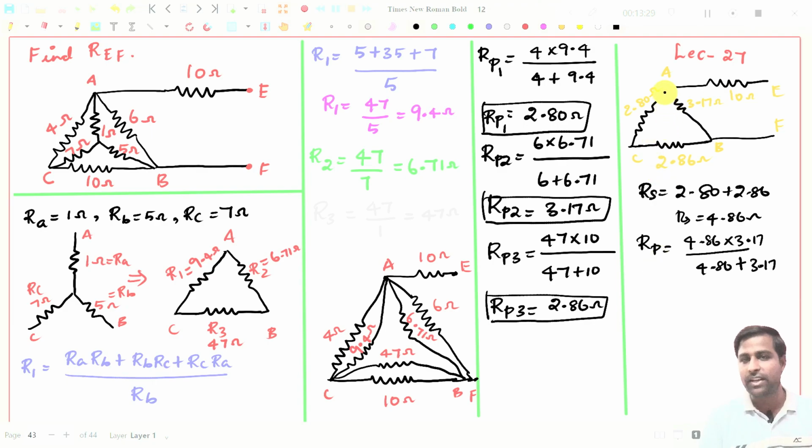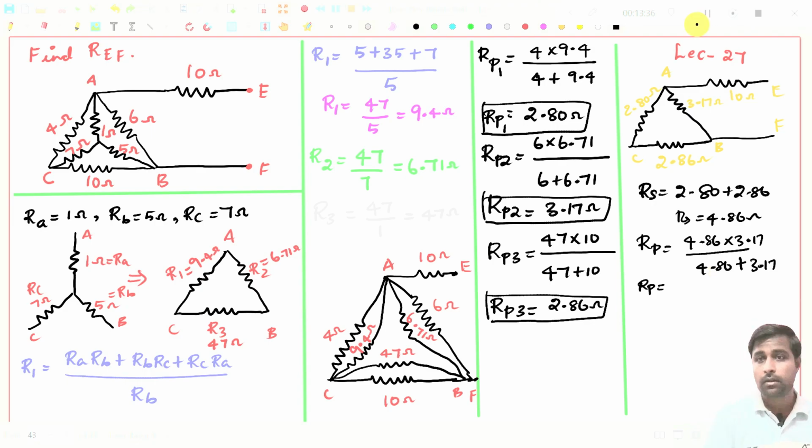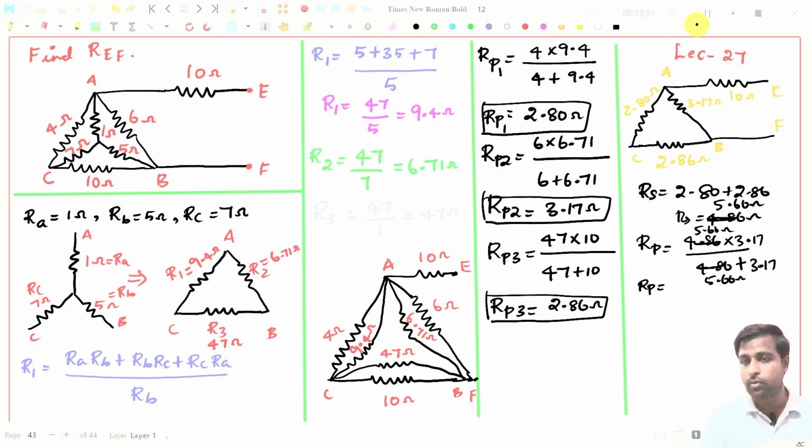So between points A and B, I am just going to find the resistance. Sorry, this value is 5.66, right? So this is actually 5.66 ohms, and here it has to be 5.66 ohms. I had not added this properly. 2.8 plus 2.86 will give you 5.66. So I have changed this.